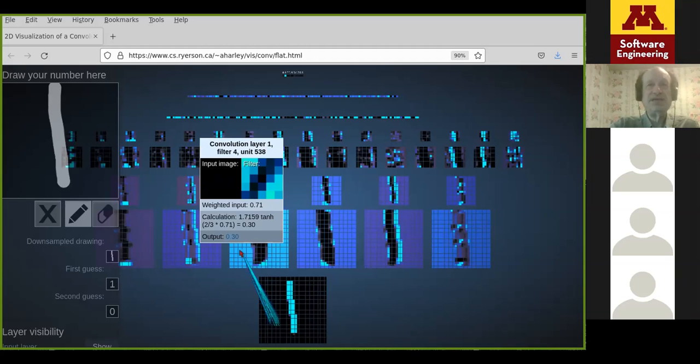So the input image is black, where it says filter. Those are the weights of this particular convolution kernel. And you can see that it's sort of white under the F in the upper left corner and white in the lower right corner.